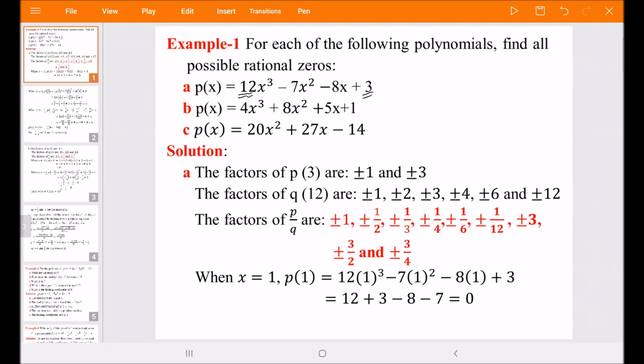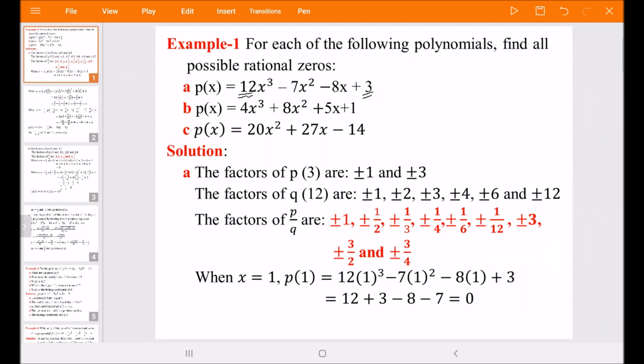Then make the numerator 3 and its denominator 1, 2, 3, 4, 6, 12. 3 over 1 is plus or minus 3. 3 over 2, plus or minus 3 over 2. 3 over 3 is plus or minus 1, already recorded. Then 3 over 4, plus or minus 3 over 4. 3 over 6 is 1 over 2, already recorded. 3 over 12 is 1 over 4, already recorded.